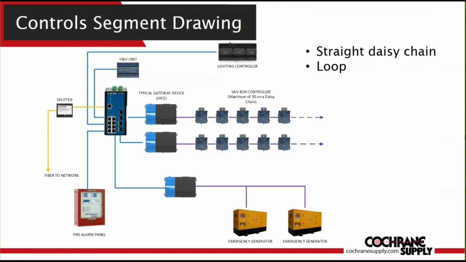So now you've got 2 JACEs, 3 JACEs, and 1 fire alarm panel. So that's 4 ports on our 8-port device, right? So we've got an 8-port switch. We've used up 4 of those ports. Now you've got your lighting controller that goes out to all the lighting devices on the first floor, right? All the lighting controllers on the first floor. That's an IP device.